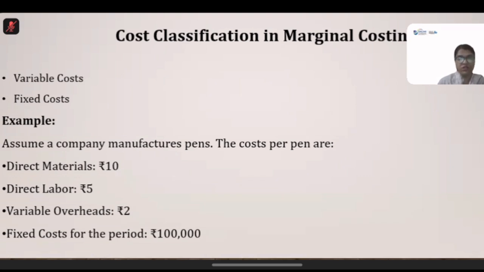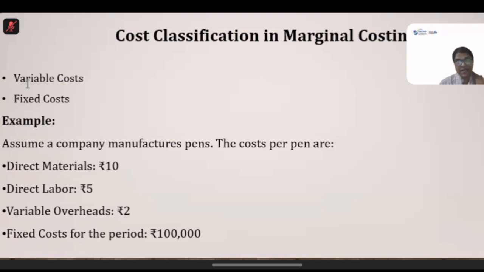Some classification in marginal costing that we just now spoke about, fixed and variable. Now, what are fixed and variable? From the word variable itself you will know. Variable means it keeps on changing. That means the cost that changes directly with your level of production, students.